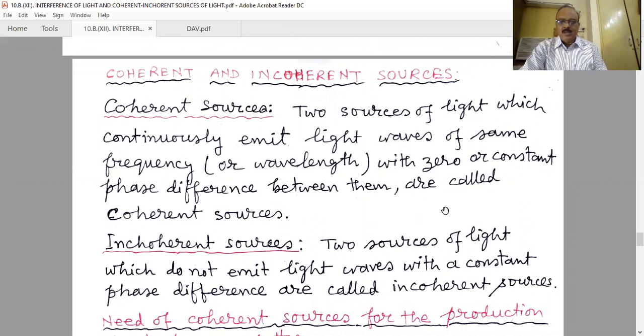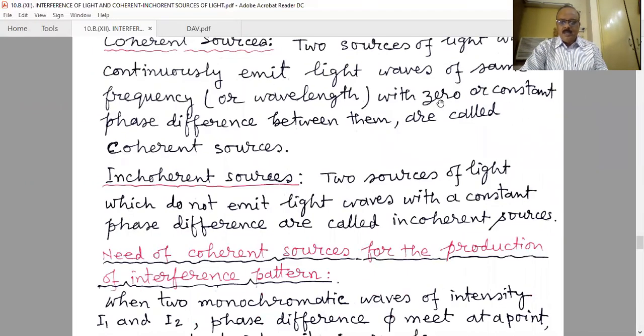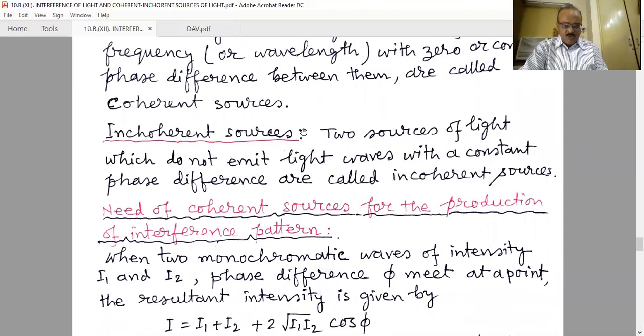To be noted, some points: continuously emit light, number 1 point; same frequency and same wavelength, number 2 point; with zero or constant phase difference, number 3 point, are called coherent sources. Here, the most important point is zero or constant phase difference. Incoherent sources: the two sources of light which do not emit light waves with a constant phase difference are called incoherent sources.